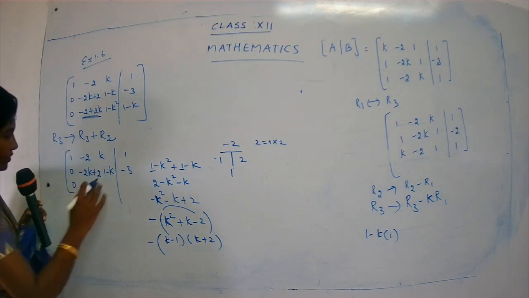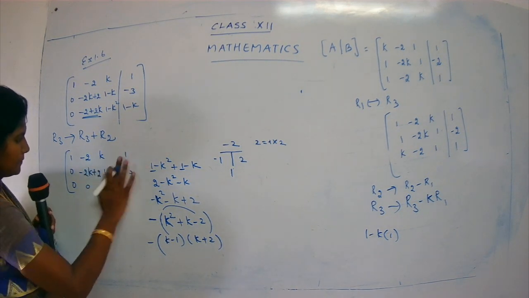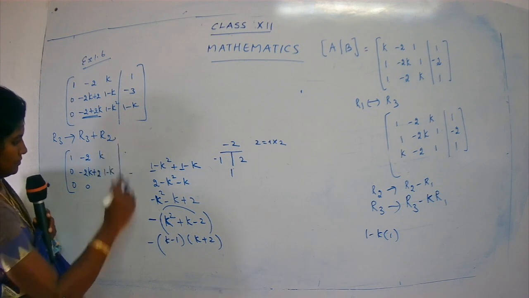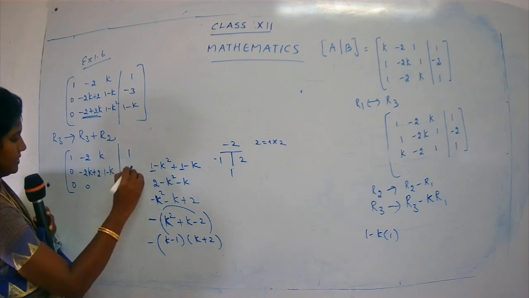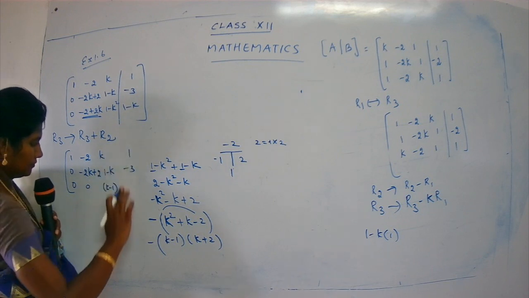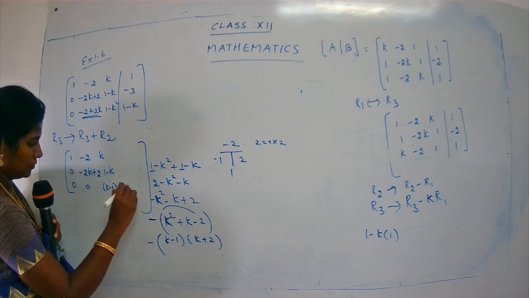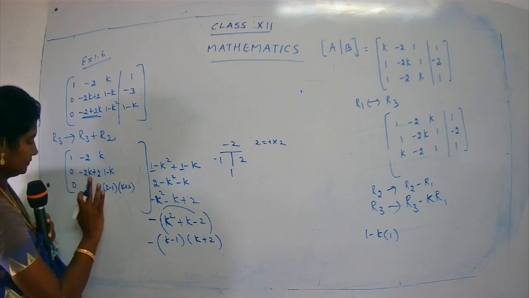So write down here. You just put it properly. Here I'll just give some space and write. 1 minus 3, k minus 1, k plus 2, your minus sign.